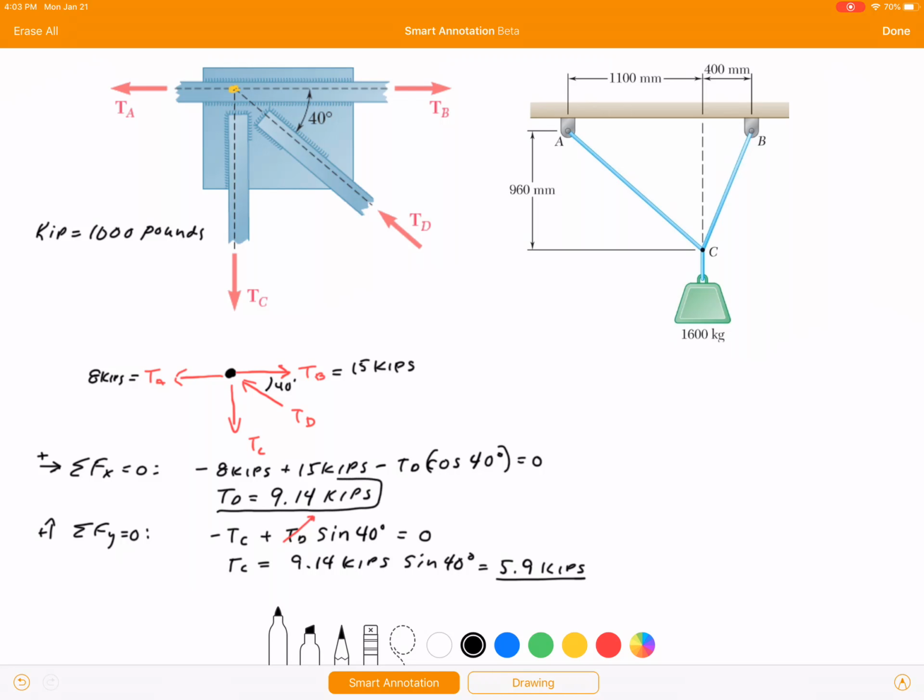So TD is 9.14 kips and TC is 5.9 kips, given the fact that the force in A is 8 kips and the force in B is 15 kips. So that's how we use our equations of equilibrium.